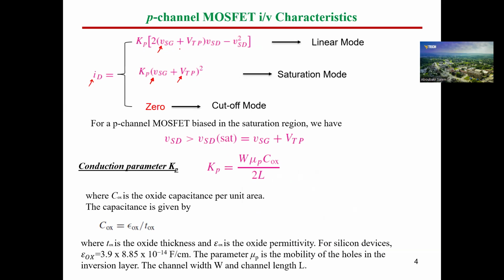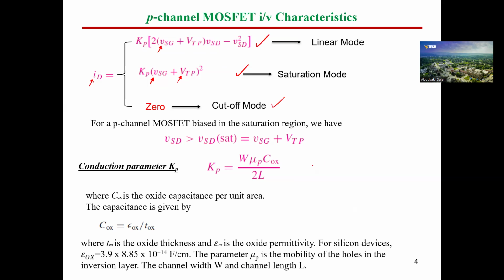So the equation here is in positive, so when you substitute the value, it will be minus. And here for the VSD, it's VSD instead of VDS, as we mentioned. So these are the same modes of operation we have in the N-channel one. So we have the linear mode, the saturation mode, and the cutoff mode.